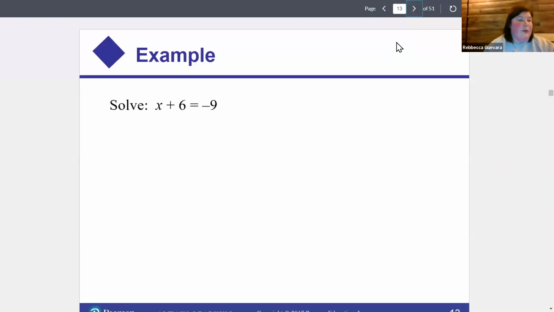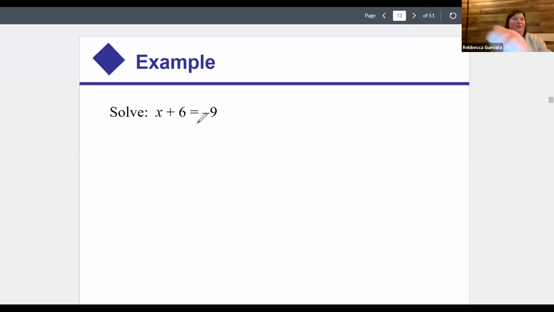So we're going to use equivalent equations again to solve this. So what we usually do is when I want to solve, your first step should be to do what you can. So when you're solving, what you're really trying to do is just isolate your variable.